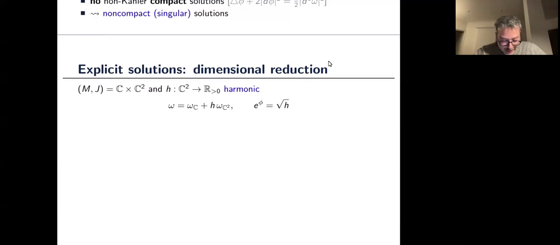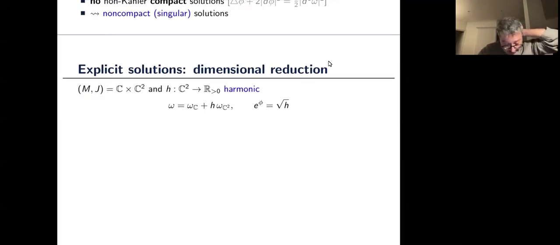It's definitely present in an old paper of Callan, Strominger, and others in the physics literature, but it's also what's behind some of the early examples of conformally balanced metrics on non-Kähler manifolds by Fu and Yau.